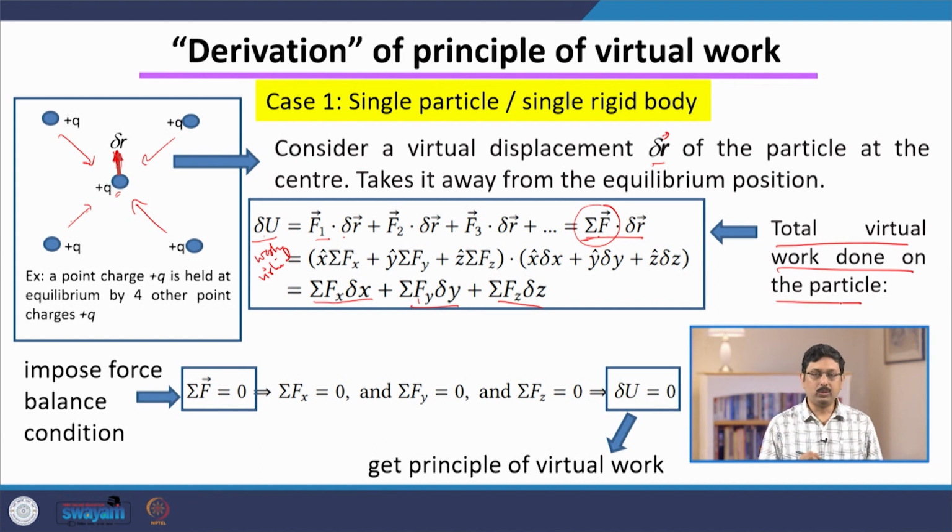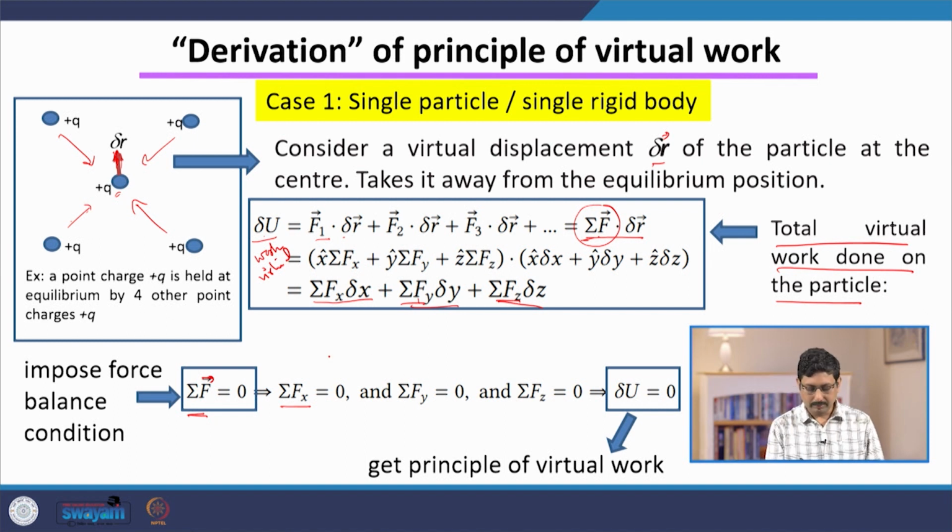Now, if I impose the force balance condition, that is, you demand that in this equilibrium position the total force is 0, note that force is a vector, which means that each of its x, y and z components must be independently 0. The total force x component is 0, the y component is 0, and the z component is 0.